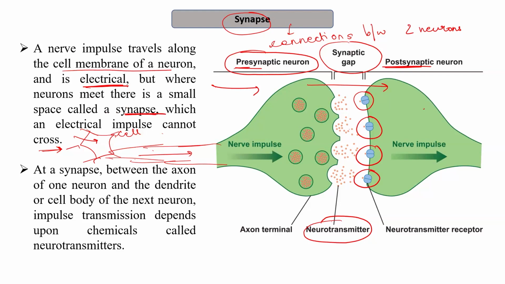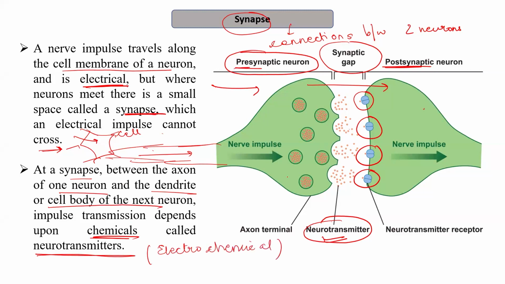The electrical nature of the impulse is transferred to a chemical nature, and these chemicals, known as neurotransmitters, help in carrying the impulses from presynaptic to postsynaptic neurons. At a synapse, between the axon of one neuron and the dendrite or cell body of the next neuron, impulse transmission depends upon chemicals called neurotransmitters. That is why it is called an electrochemical impulse.